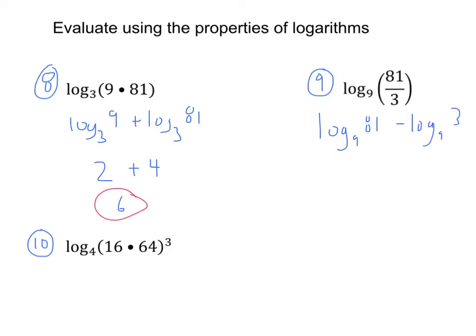Now log base 9 of 81 is 2, and I'm going to subtract log base 9 of 3. Well, log base 9 of 3 is a half. So 2 minus a half, that's 1.5. Or some of you might have written that as 3 over 2. Either way is fine. Or you could even write 1.5 if you want.